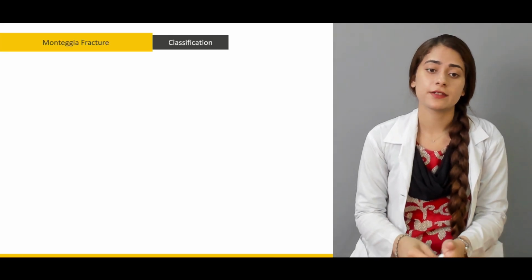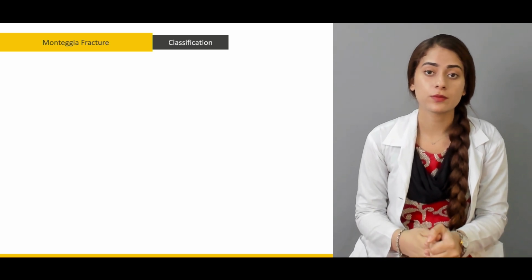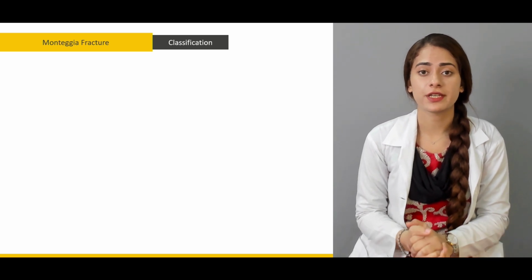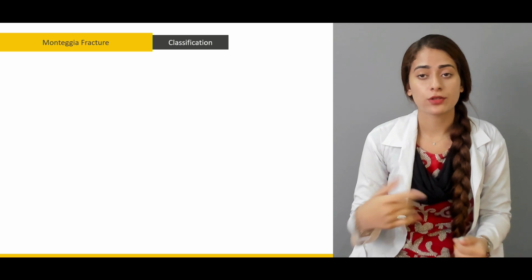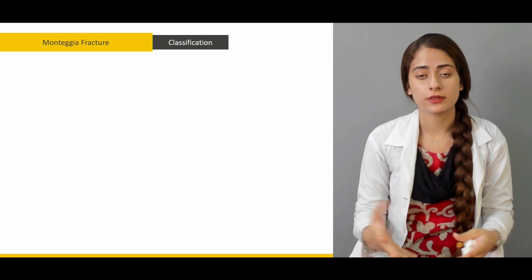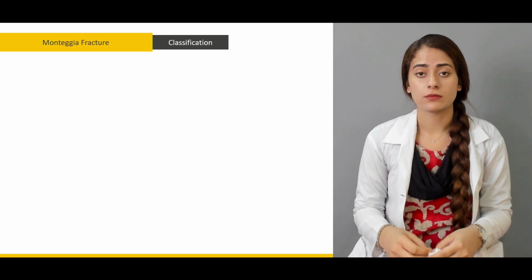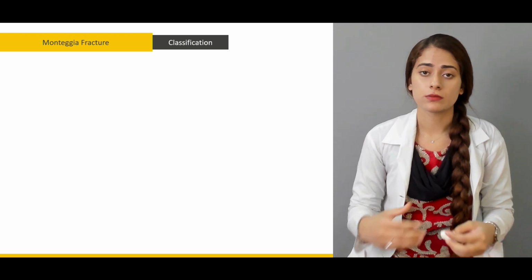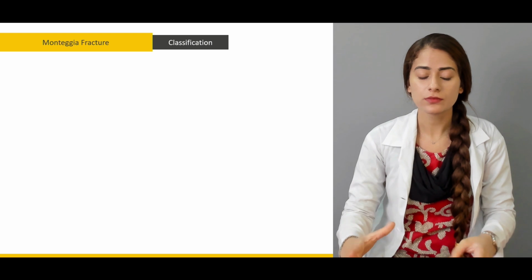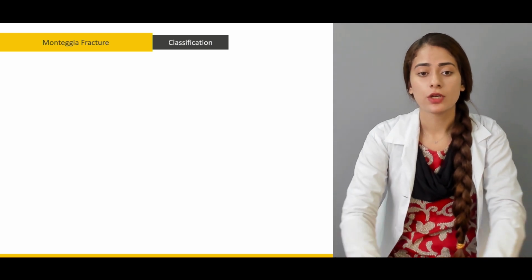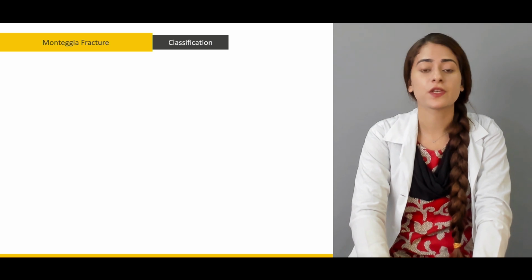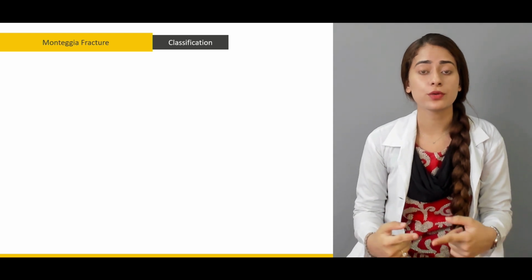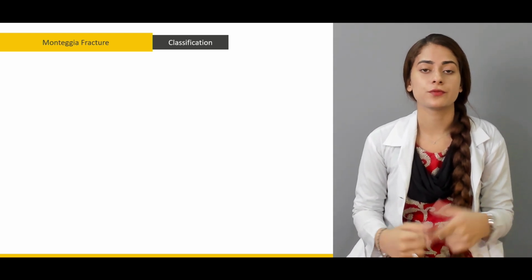So this is a fracture classification which is very important and is missed most of the times, and people consider it an isolated fracture, but later on the same patient presents with much more severe pain and a relatively reduced movement pattern, and so it's very important to know Monteggia fractures in young individuals, because basically it's a fracture of the ulna, but also together with a dislocation of the radius.